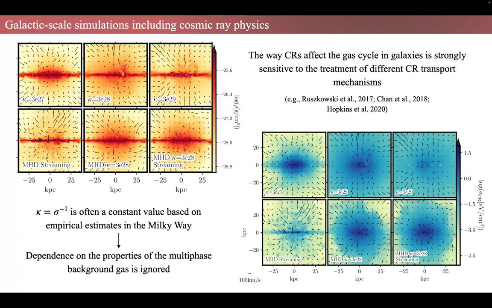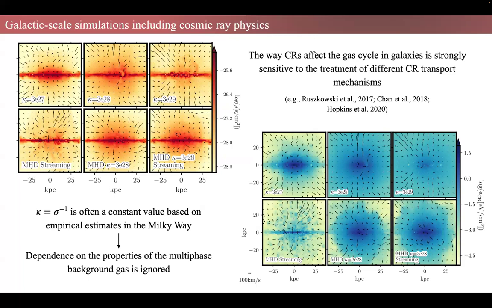So in each plot, the first 3 panels show the predictions of simulations without magnetic fields. This means that there is no preferential direction for cosmic rays. The bottom 3 panels show the predictions of simulations with magnetic field.